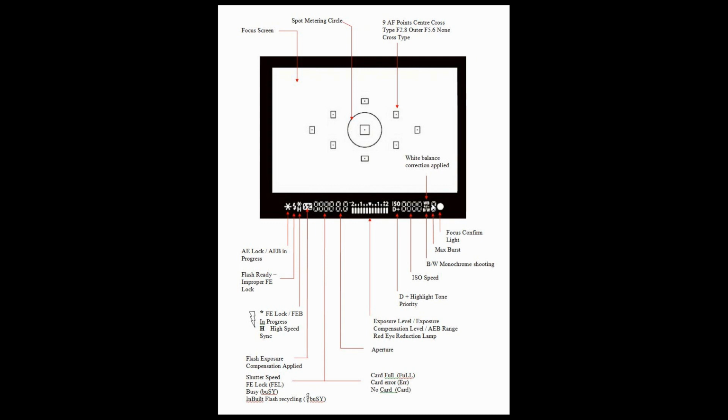Next here we have a single digit display which will tell you what maximum burst you can fire. That's when you're shooting multiple bursts, or you're shooting at a high frame rate. On the 500D T1i and KissX3 that is 3.4 frames a second I believe, and that tells you roughly how many frames you can get.